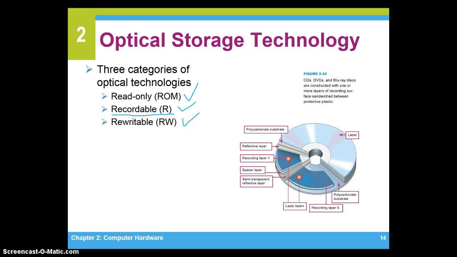Basically we're able to put our zeros and ones by heating up that dye and making a dark spot that's no longer going to let light through. It's going to make that dark spot and create a 0 or 1. Once we change the characteristics of that dye on a CD-R or DVD-R, we can't change it back, but it works really well for the permanency if you're recording music or videos.